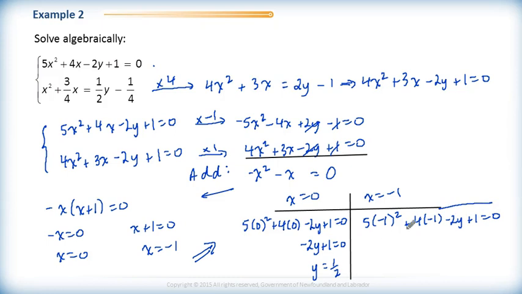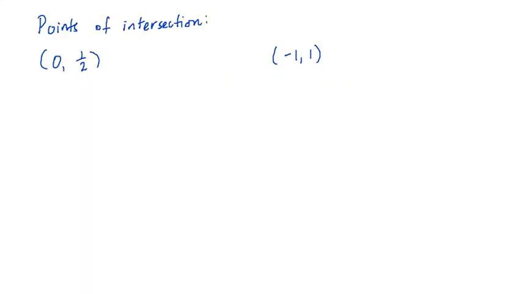So I've got 5 minus 4, that's 1 plus 1, and I got -2y plus 2 equals 0. So it gives me -2y equals -2, y will equal positive 1. So I'll have points of intersection at 0, 1/2 and at -1, 1.